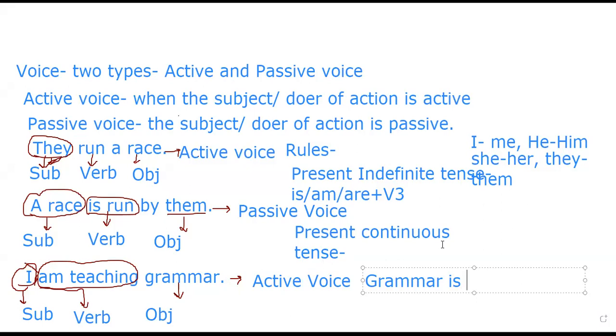So grammar is being, be plus ing, being, and then we will use the third form of teach, that is taught, by me. Clear? So now this is an example of passive voice.